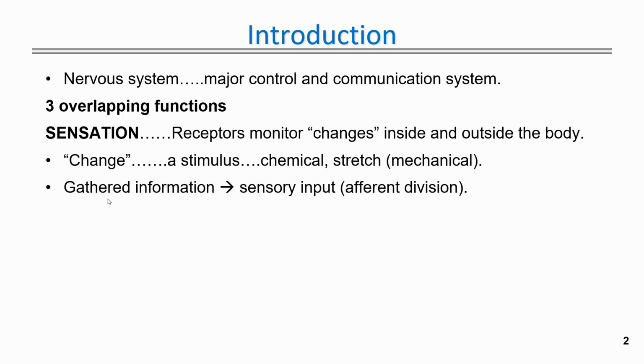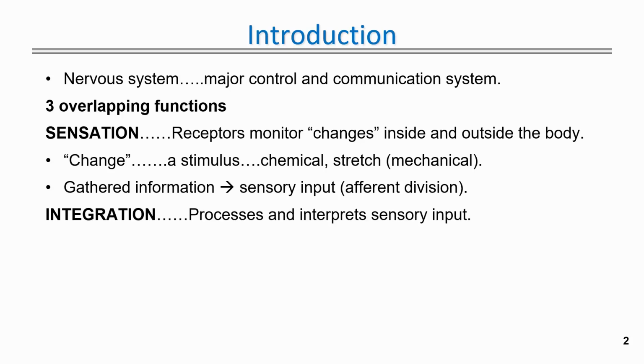And we often refer to this as gathered information regarding the internal or external state of the body. And we refer to that sensory input as the afferent division. So when we see the term afferent, we're referring to information going into the nervous system.